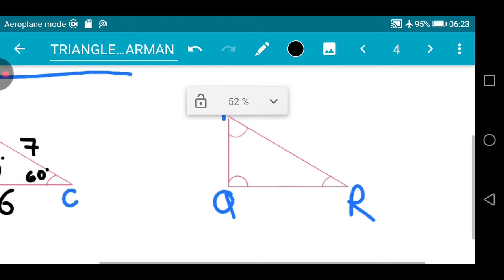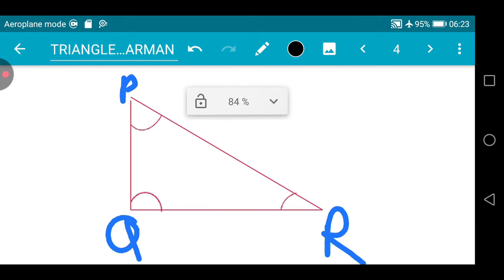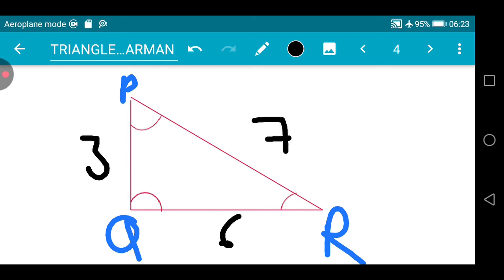And in triangle PQR the sides are 3, 7, 6, again 80 degrees, 40 degrees, 60 degrees.